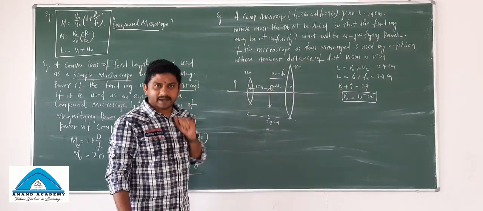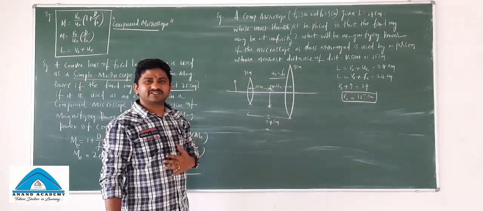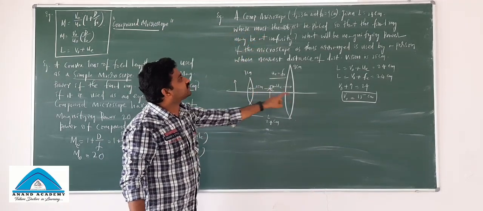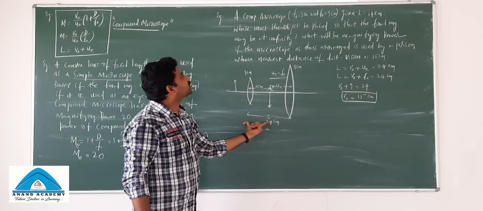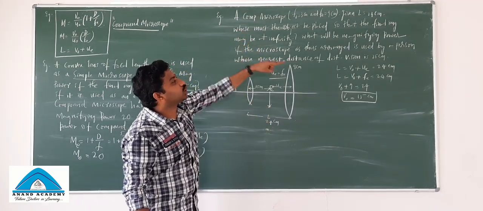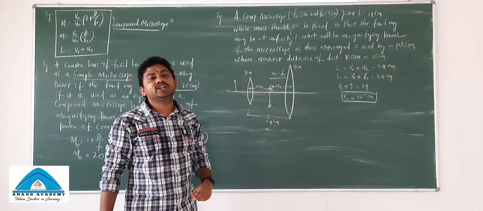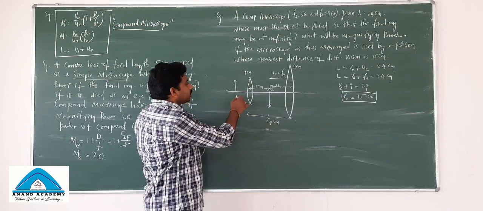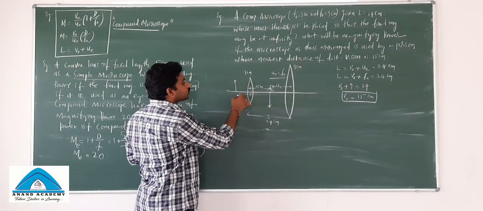Before moving to this part, let's read the question once again. A compound microscope of focal length given and length of the tube is given. Where must the object be placed so that the final image will be at infinity? So the U naught value you should find.